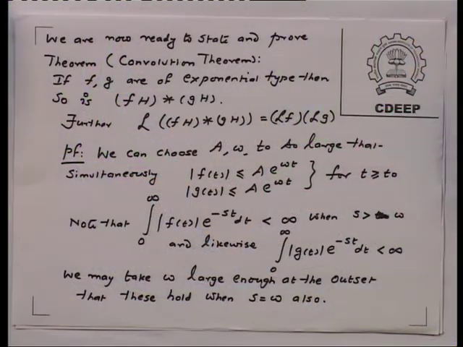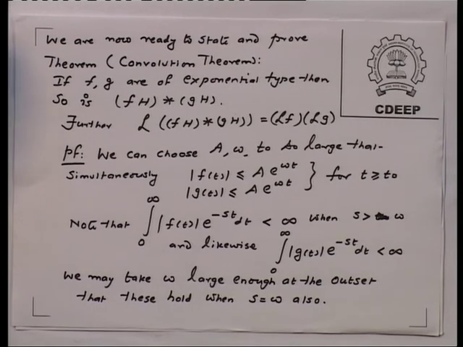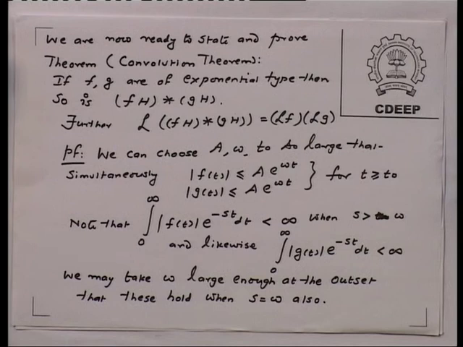Alright. Now let us look at the convolution theorem. We are ready to state and prove the convolution theorem. If f and g are of exponential type, then fh convolved with gh is also of exponential type, where h is the Heaviside unit step function.